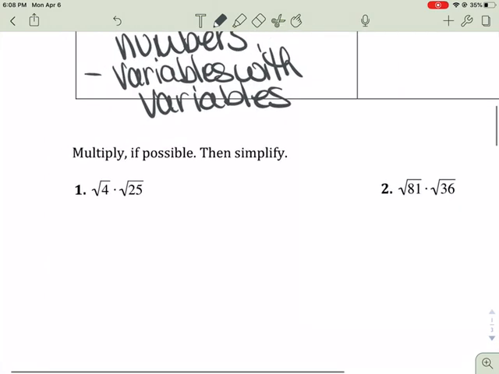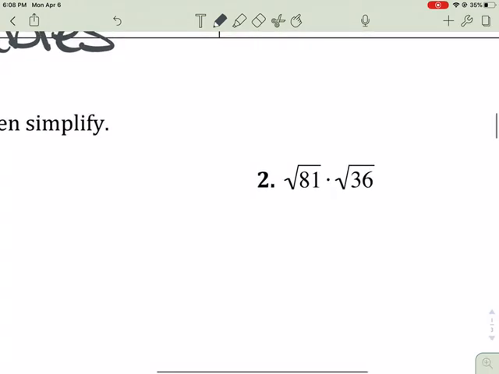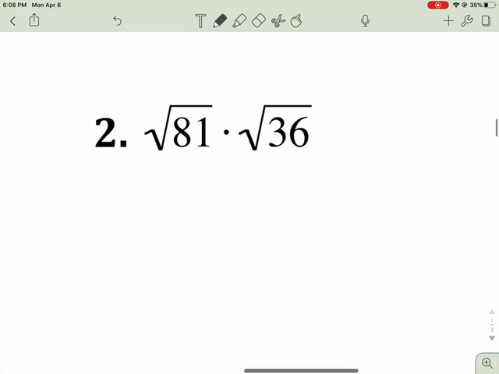We'll start with multiplying. So remember, we're going to multiply and then we're going to simplify. So when we multiply these two together, we get the square root of 100, which is just 10. So that's not too bad. All right, let's try these two. So multiply those two together, or you can simplify. This one you probably would be easier doing it this way.